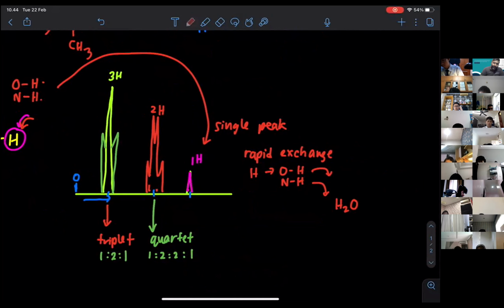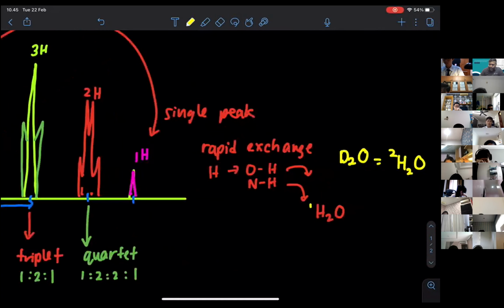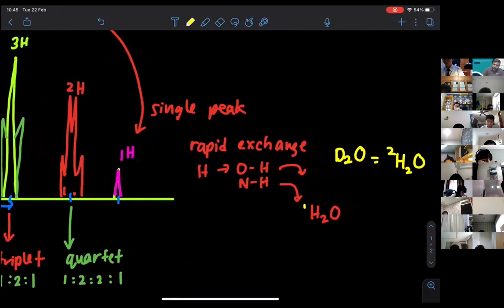But please take note, if you use heavy water, D2O, which is hydrogen 2, this is the same as H2O, so it's not H1O. When there is rapid exchange, this hydrogen is going to become deuterium.